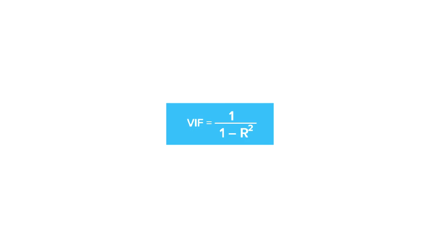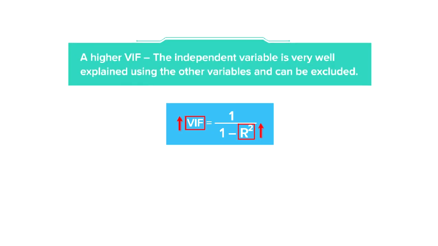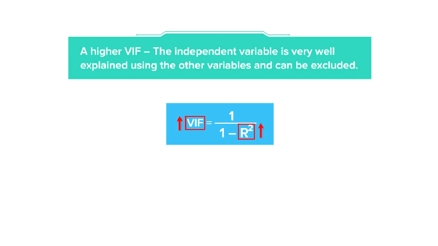On the other hand, if the value of R square is high, the VIF value also goes higher. This means that this independent variable is very well explained using the other variables and can be excluded from our model. This procedure of calculating the VIF is repeated with every independent variable.